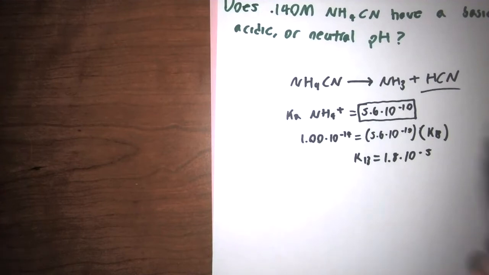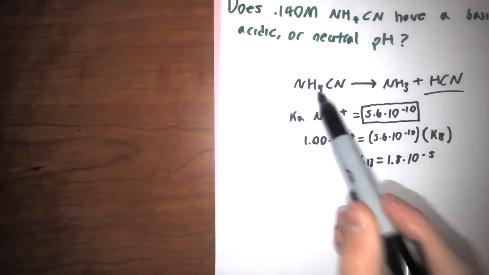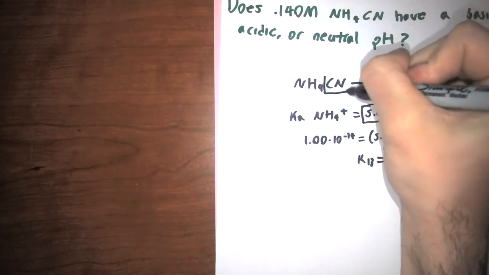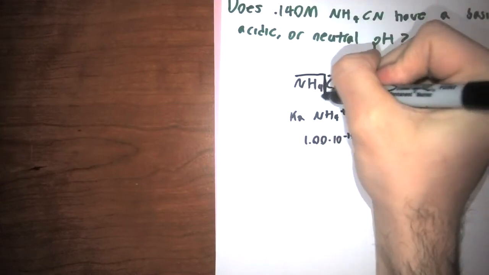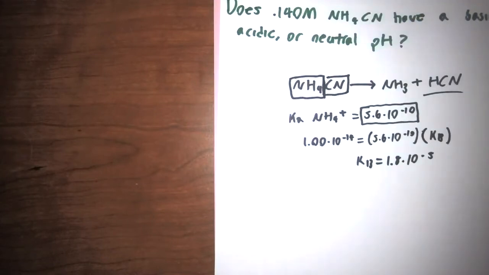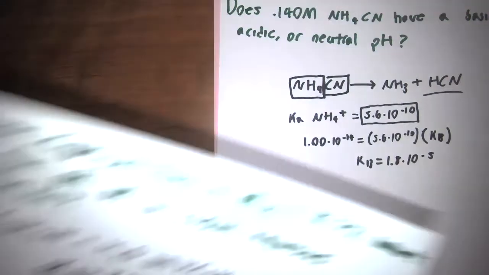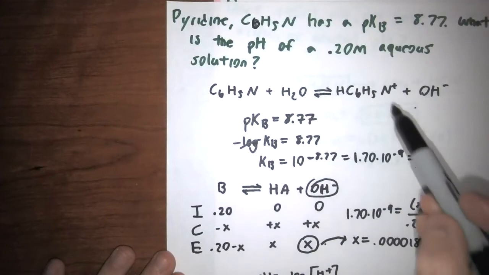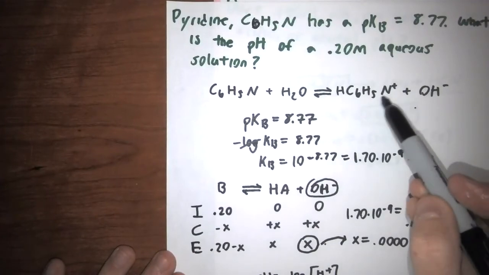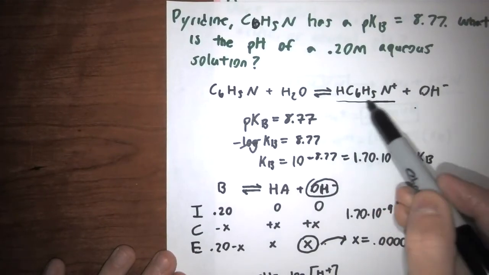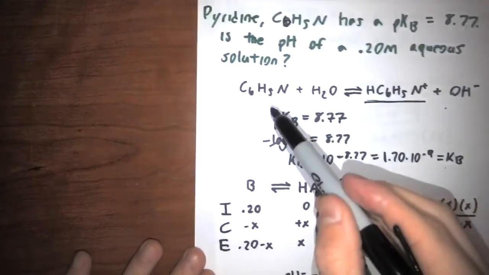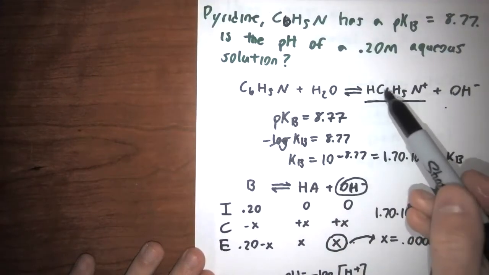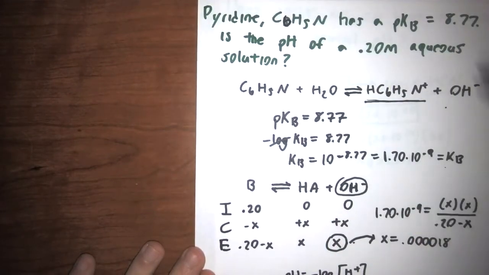So now, we know the NH4 plus, which is right here. Remember, this is like two constituents. We have NH4 plus and CN minus. When you look at a chemical equation, we can go back to this one. NH4 plus, in this case, the plus was the acid, right? No other ion here has a plus except this one, and this one has the H. This is my acid, making this my base, or basic character.